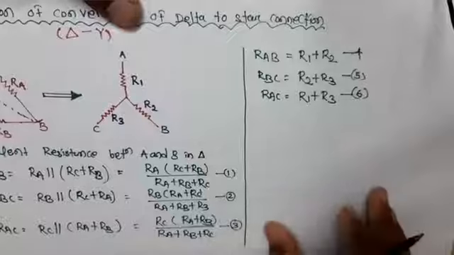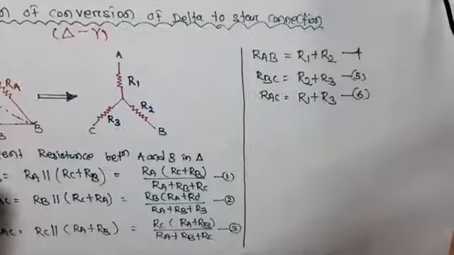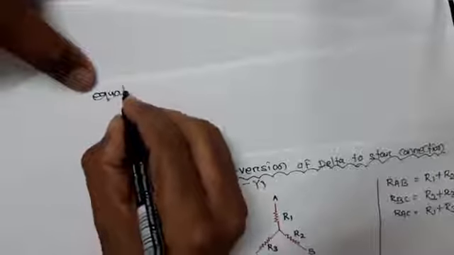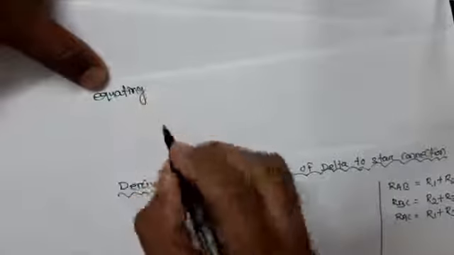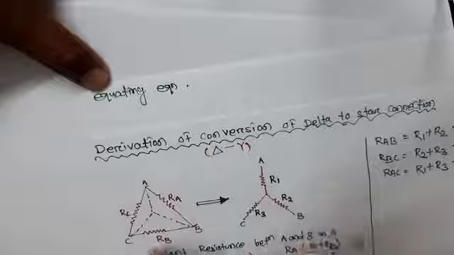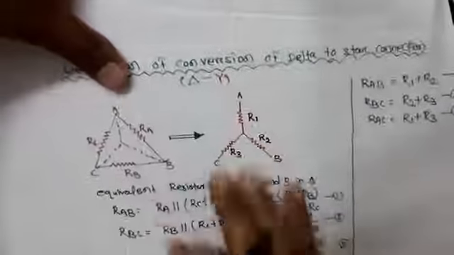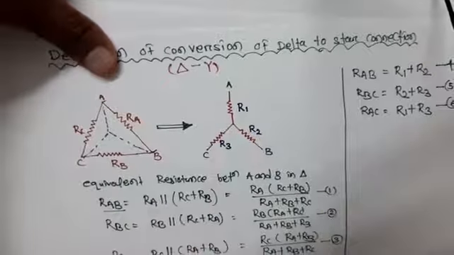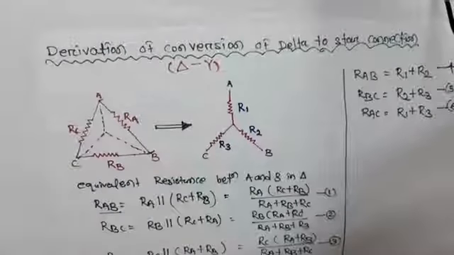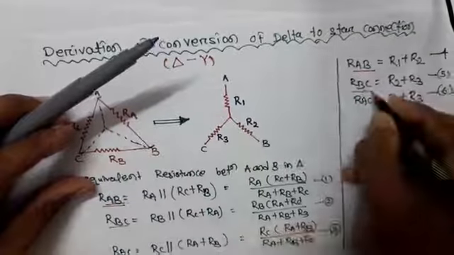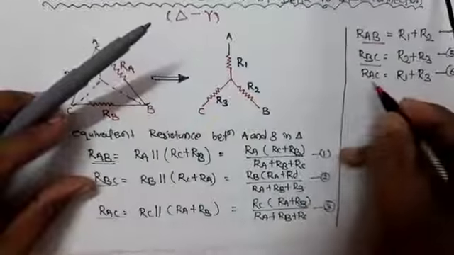Again, equating the equations of delta with star, because this is RAB and RAB, this is RBC and RBC, and this is RAC and RAC.